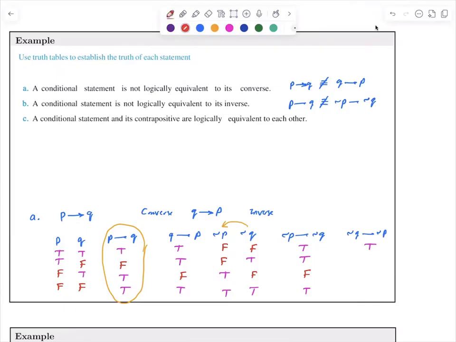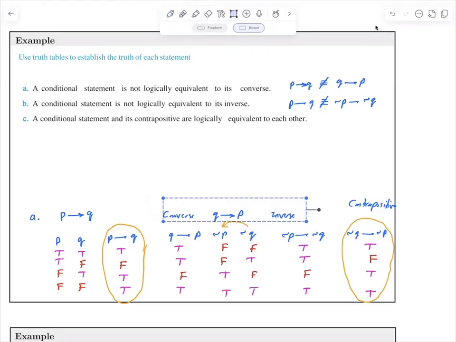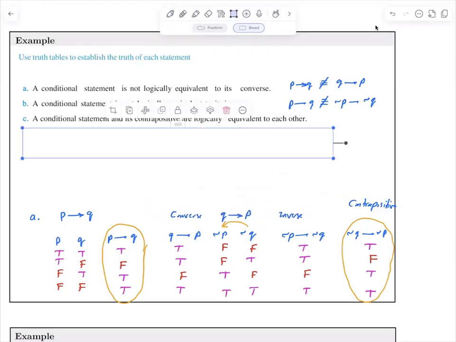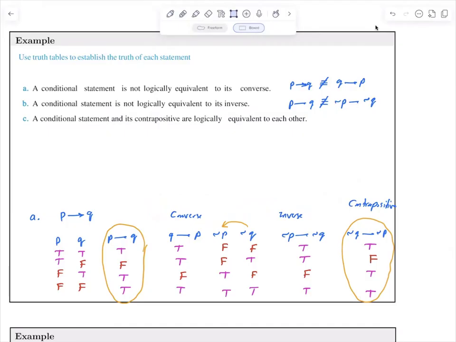True then false is false. False then false is true. True then true is true. So now comparing P then Q with its contrapositive, you can easily see that they are equivalent to each other. So we worked with converse, we worked with inverse, and we can easily see that P then Q is equivalent to not Q then not P.